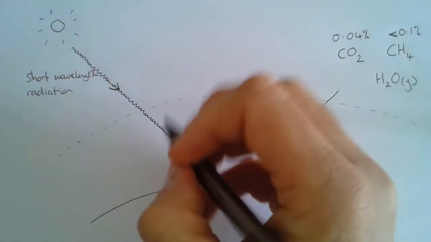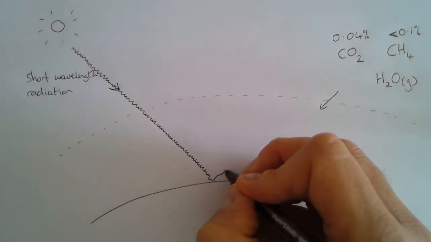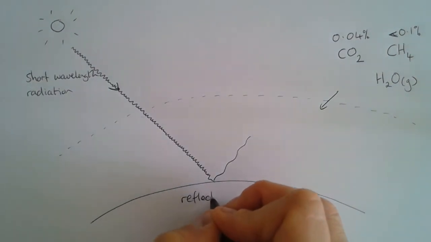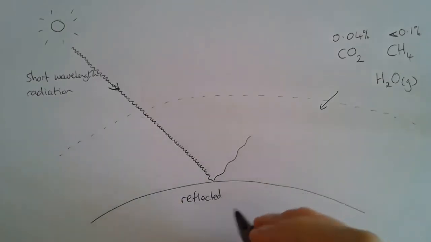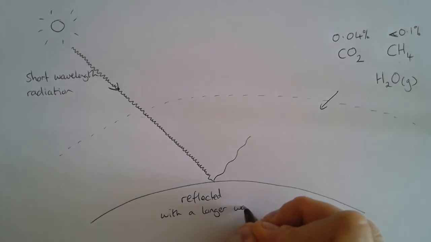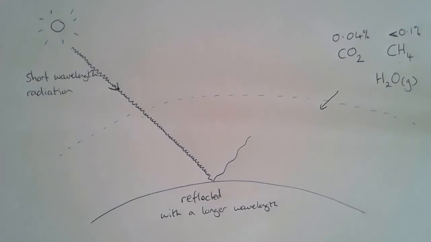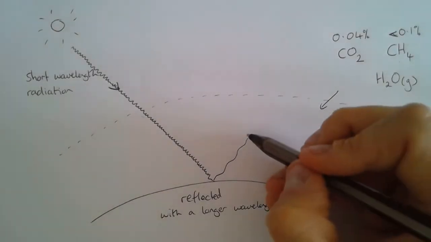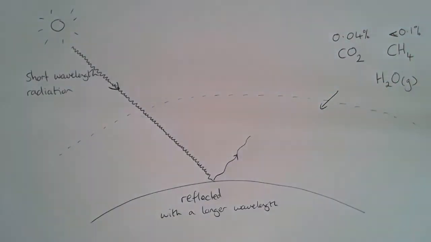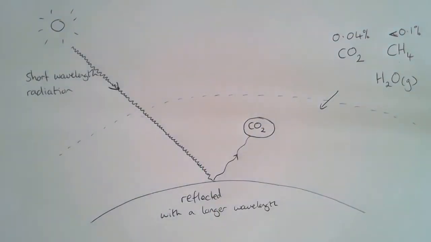Exactly like happens with our normal greenhouse, this gets reflected back from the Earth's surface at a longer wavelength. Now, a lot of this will just go back into space. However, some of this radiation will be absorbed by our greenhouse gas molecules.